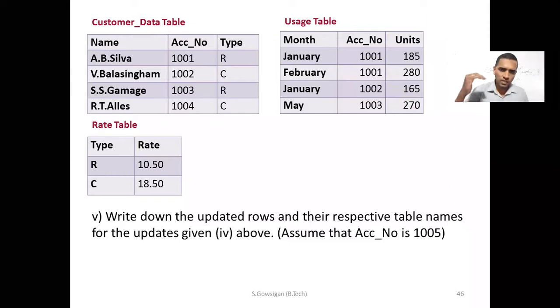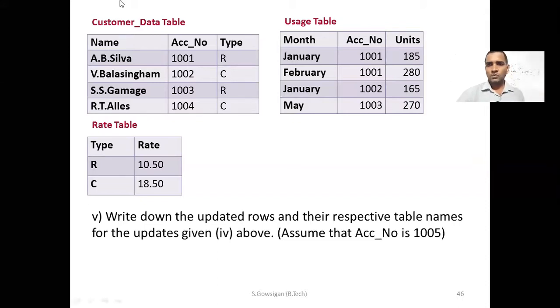So for answering question number 5, you have to write the record, and it must be written along with the table name. I will show you, because students often lose marks even though they understood the question and know the answer. They lose marks because of the way of writing. So there is a way to give the answer.